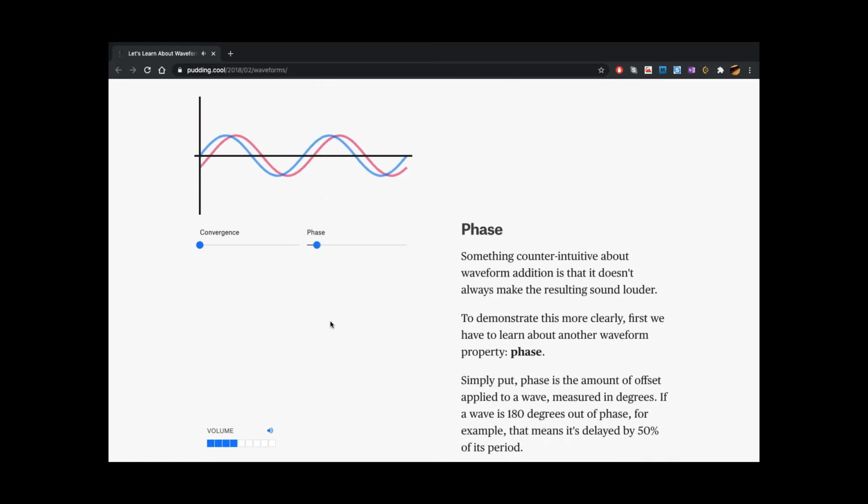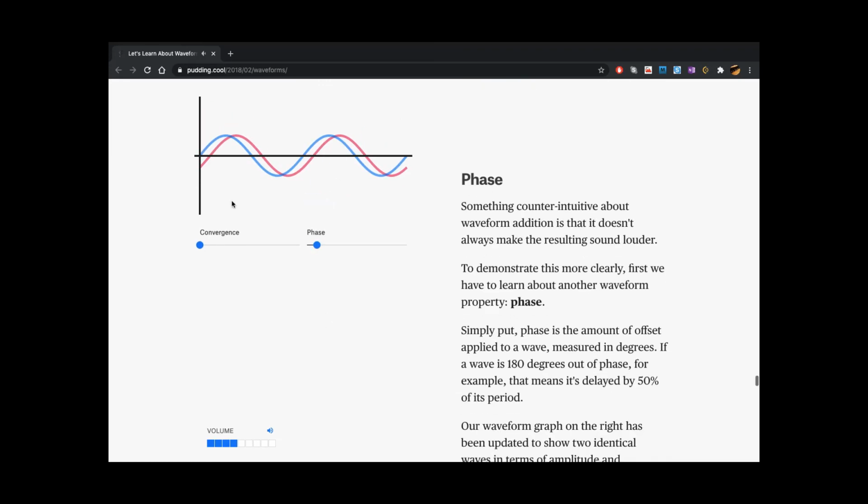Next concept is phase. So what is phase? Phase is basically the shift from the origin. When we have a sinusoid of 2 pi ft plus phi, that phi is the phase term, and I can change the phase. See, this is 0, and this is, let's say, almost 90 degrees. The red curve is 90 degrees shifted.